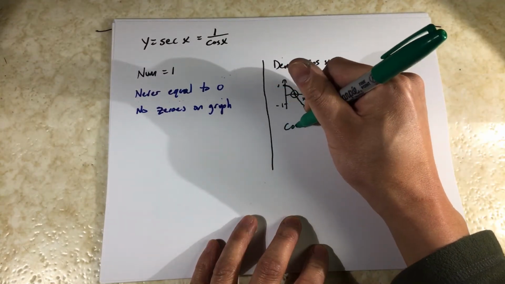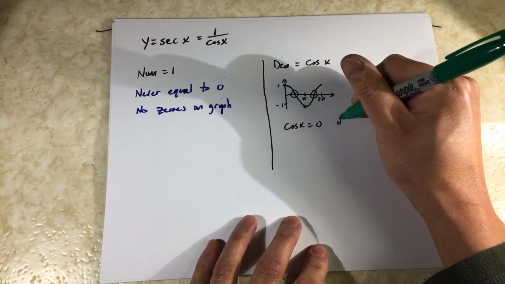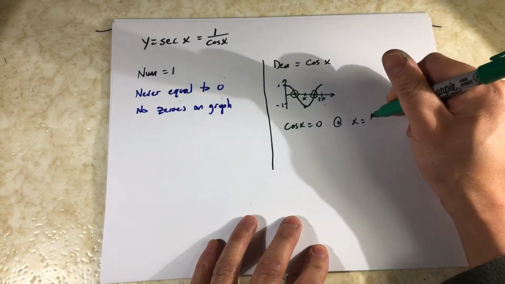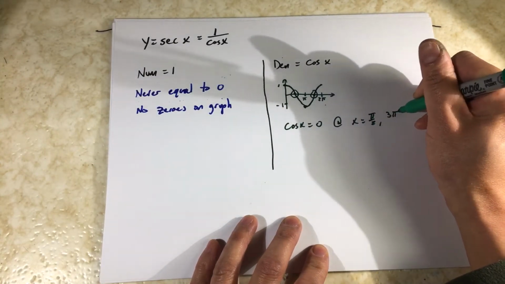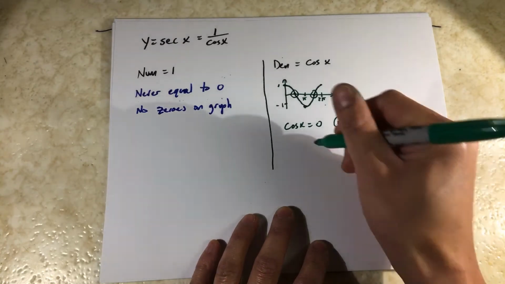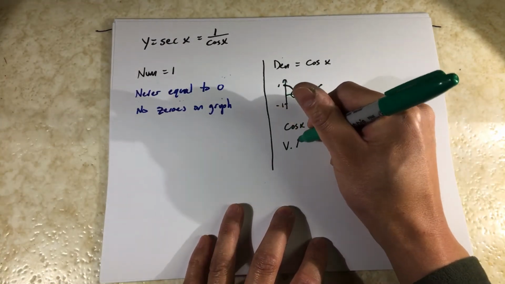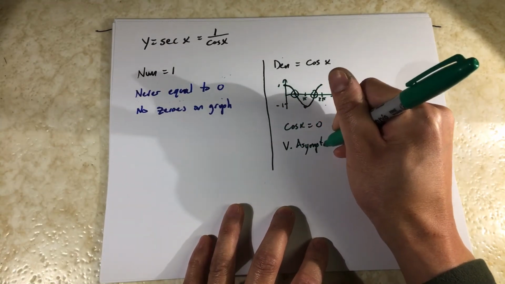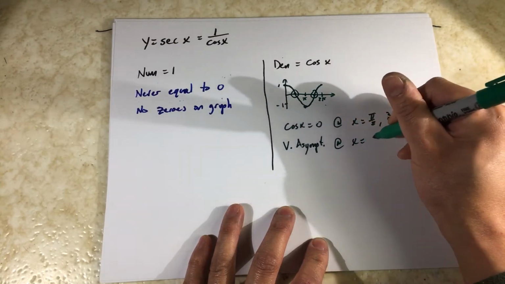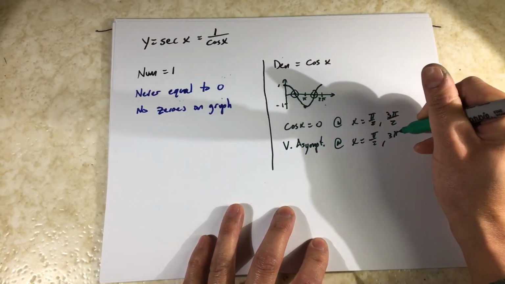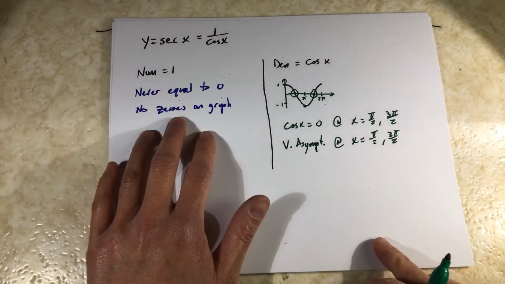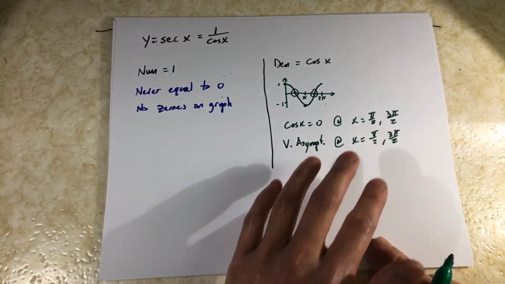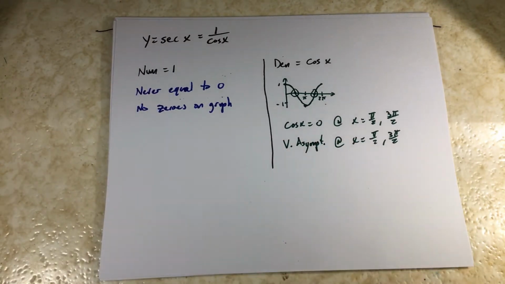So we have cosine x equals 0 at x equals pi over 2 and 3 pi over 2. Okay, so that means that we have vertical asymptotes at x equals pi over 2 and 3 pi over 2. Right, so numerator is always zeros, denominator is always vertical asymptotes. So we'll graph these together.